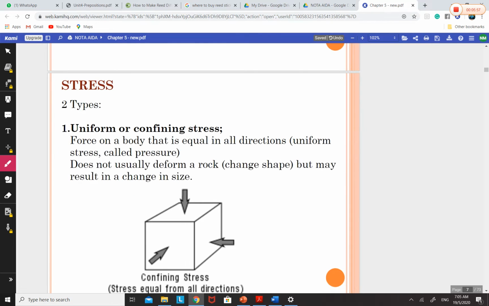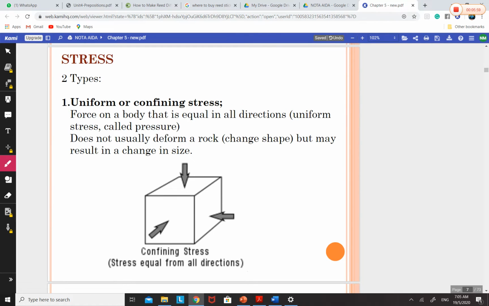A little bit of introduction on stress. There are two types of stress. You have the uniform or confining stress. This is a quite common term in all the subjects related to deformations. Sometimes you will hear the term confining pressure. When we say uniform or confining, it means force on a body that is equal in all directions.